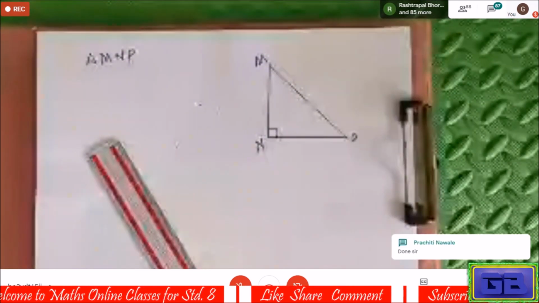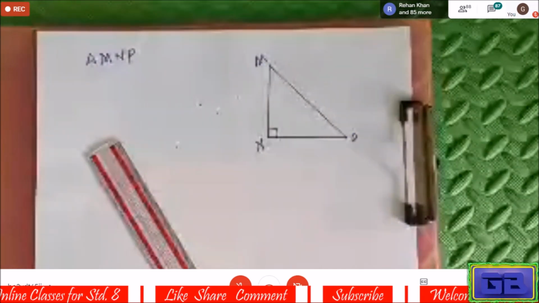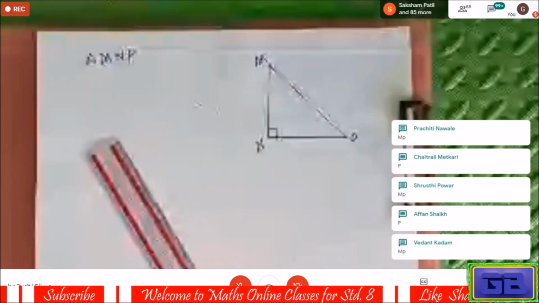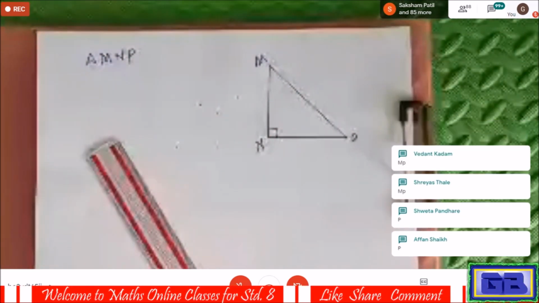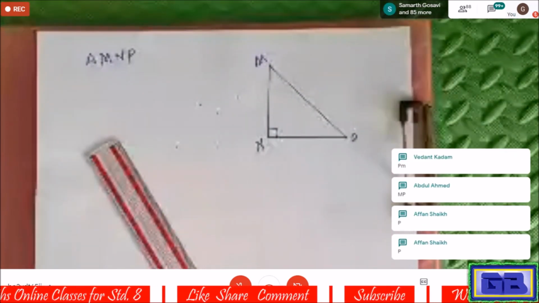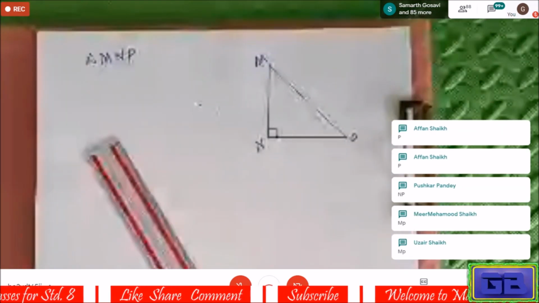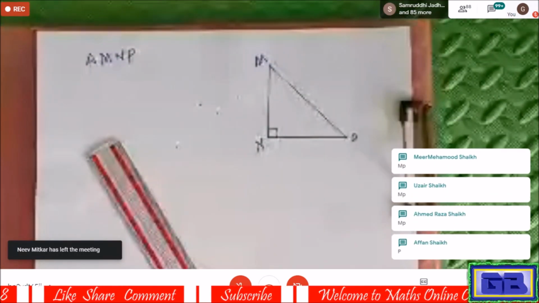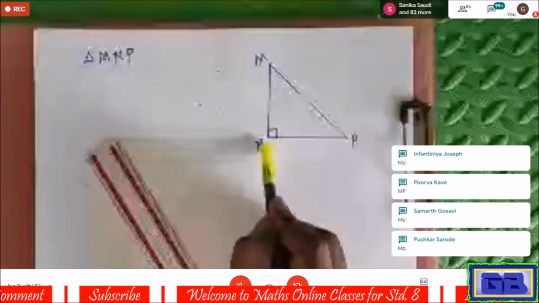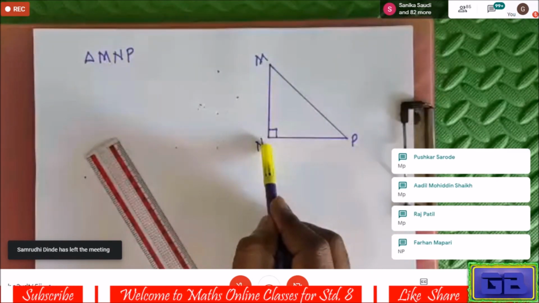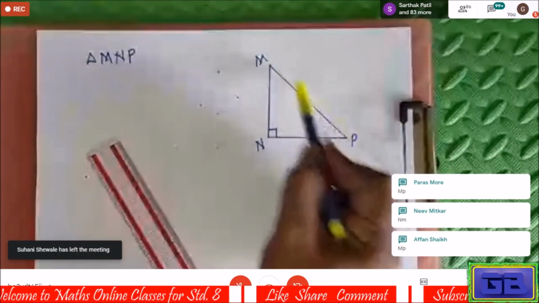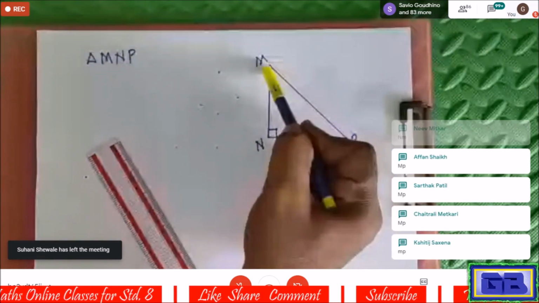Now tell me, for vertex N, what is the opposite side? When I ask for the opposite side, it has a two-letter name, not a one-letter name. Those who are typing MP or PM, that is the correct answer. I asked for vertex N, which is the opposite side. So the opposite side is MP or PM.